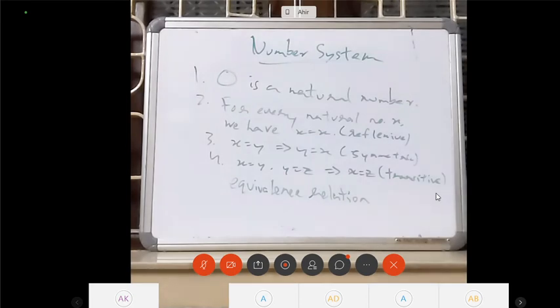All three together constitute an equivalence relation. So equality is an equivalence relation. Now we'll move on to the next few axioms, which involve the successor function.